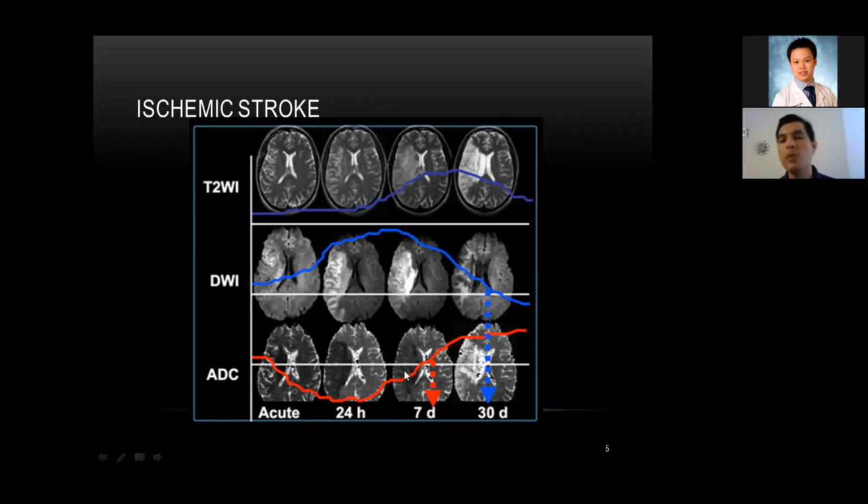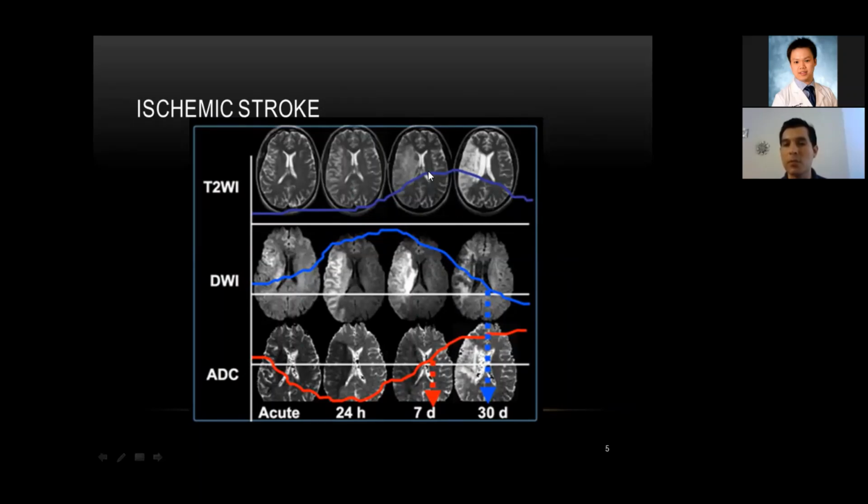And ADC will follow a pseudo-normalization by 10 days approximately. After this time, approximately one week, what we will see is the predominance of vasogenic edema.